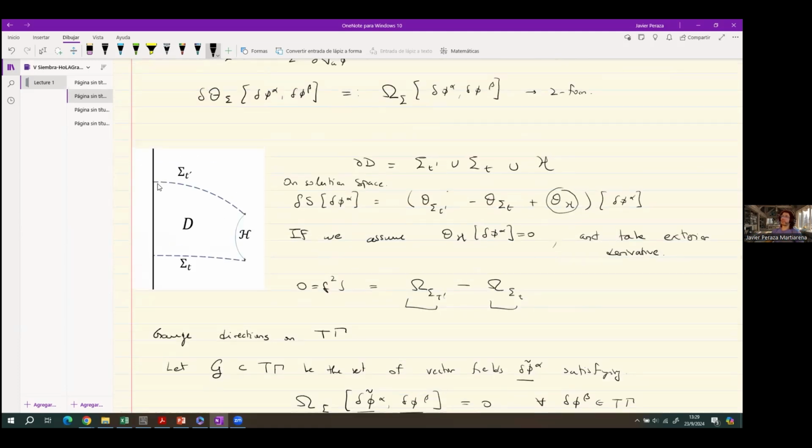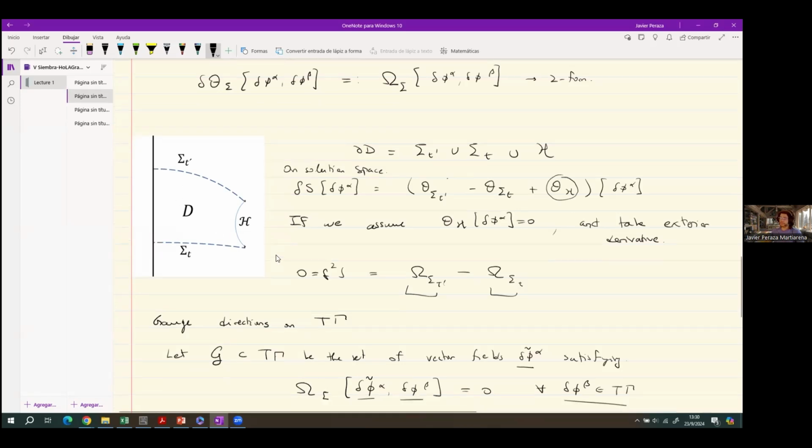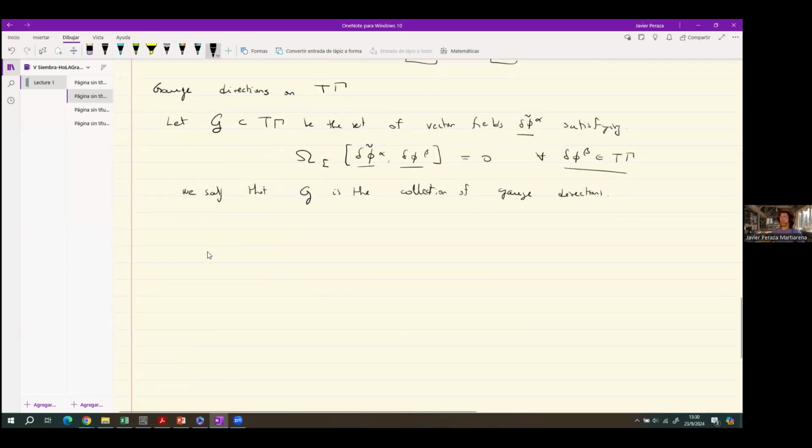So if we consider some domain which is between two Cauchy slices and it has a null boundary far away, then one can make a definition consisting of 3 properties, which makes the whole thing closed.